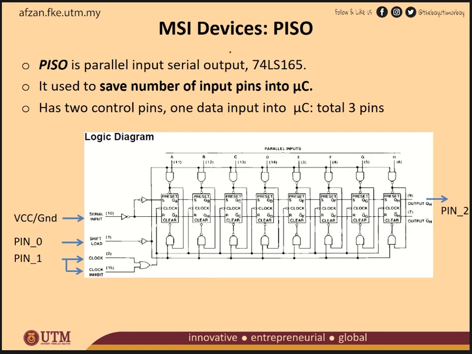And then we have a PISO. PISO is parallel in serial out. This is the model number. It is used to save the number of input pins into the microcontroller. It has 2 control pins and 1 data input, a total of 3 pins that go into your microprocessor. The first control pin is for you to choose whether you want to shift or load your data, and the second pin is your clock input.